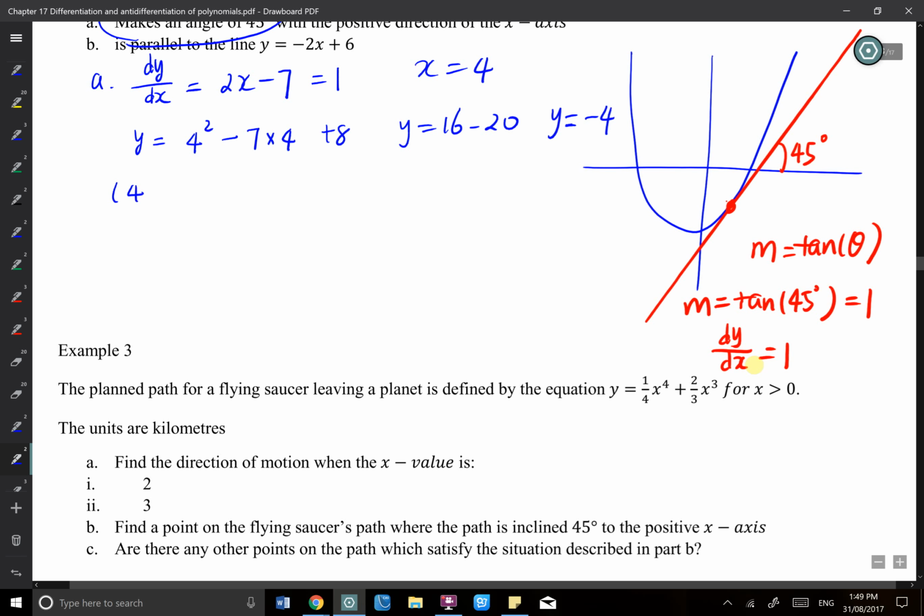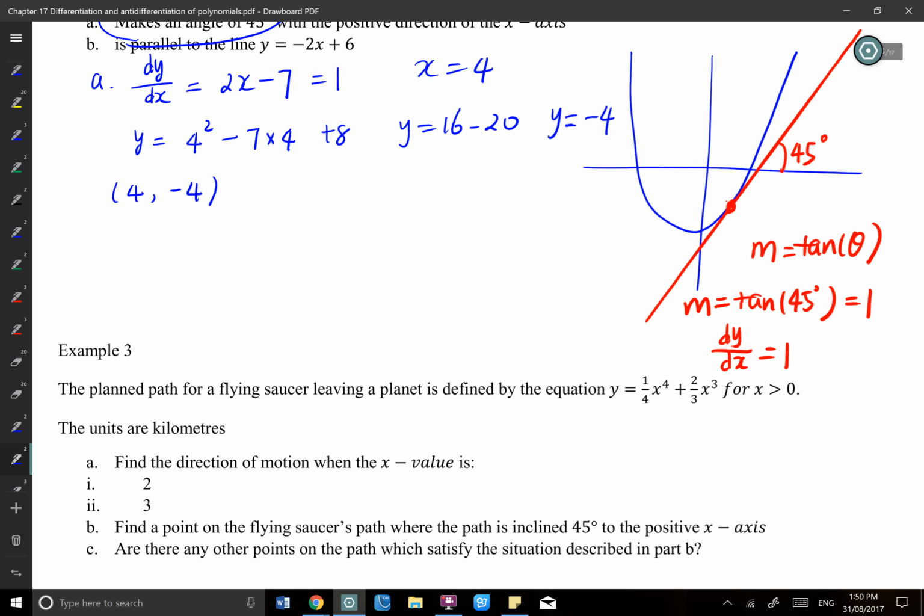So the coordinates are (4, -4). At x equals 4, if you sketch a tangent line, then that tangent line will make a 45-degree angle with the horizontal.